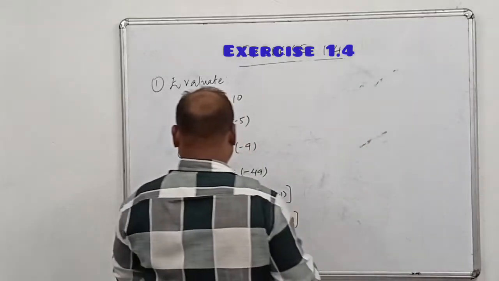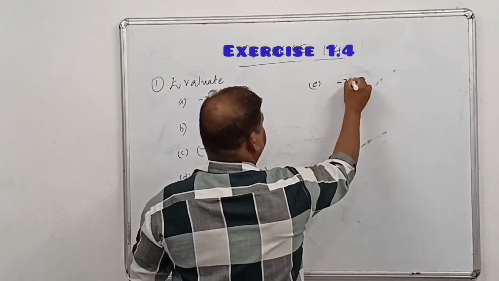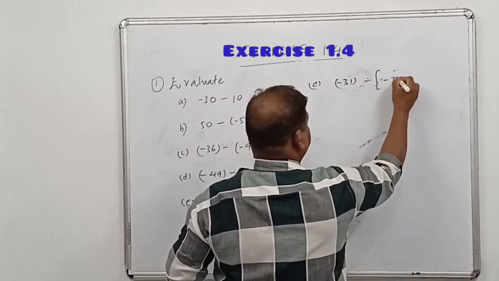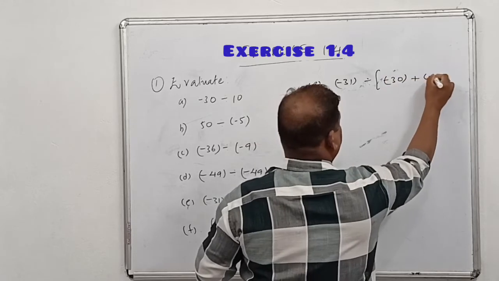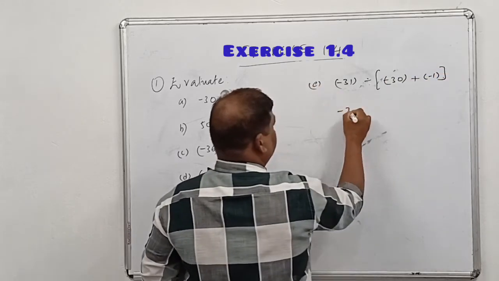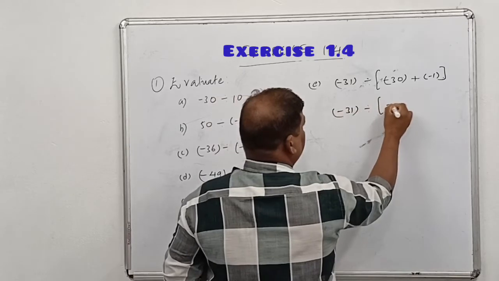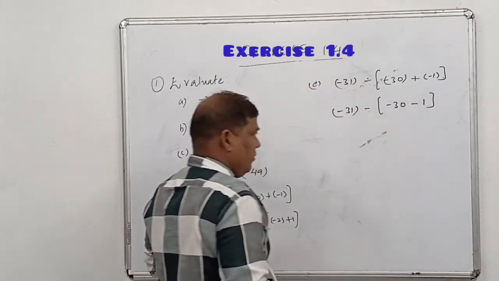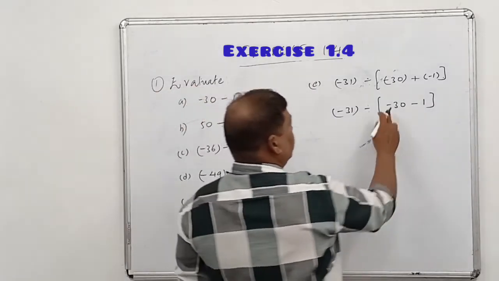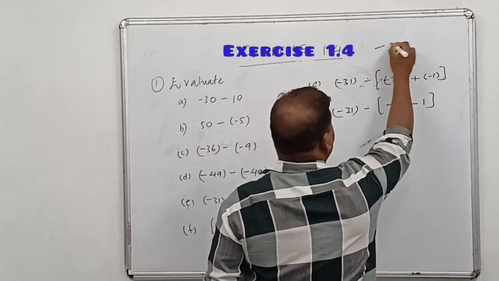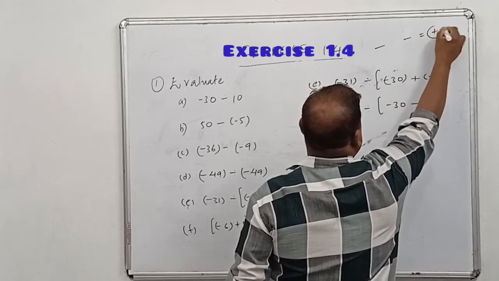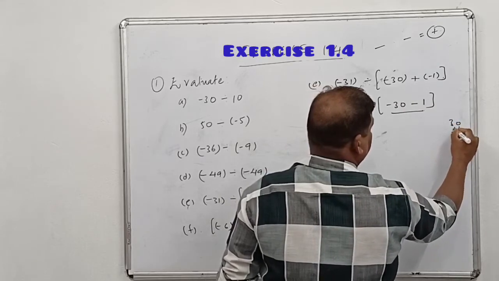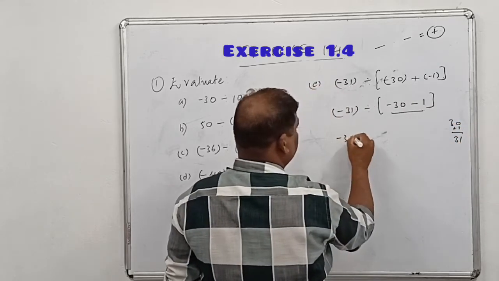Now the next term is minus 31 upon minus 30 plus minus 1. Here minus 30 plus minus 1, minus and minus, so we add these two numbers, 30 plus 1, that means 31.